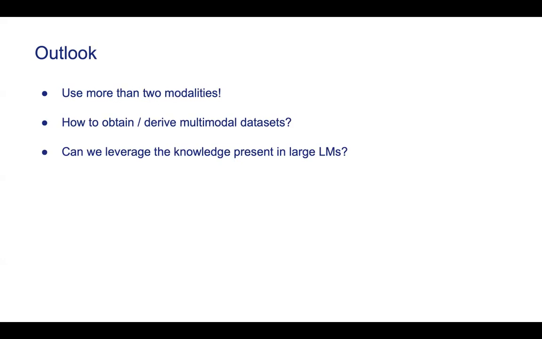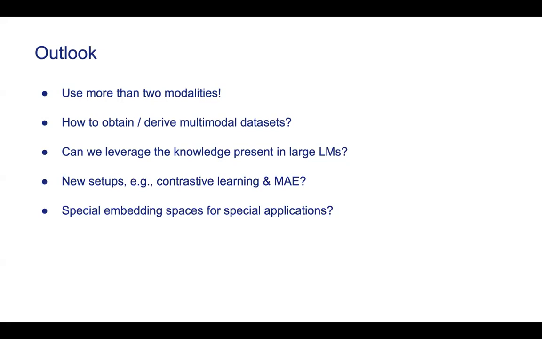This I already mentioned before. Can we leverage the knowledge present in large language models? And also those new approaches where you combine predictive generative pre-training with contrastive pre-training. Maybe this is helpful. And this was what I mentioned before at one of those top 3 slides where I was talking about biases, or training your model in a way that your embedding space picks up a very specific part of the data that is very interesting for special downstream applications.